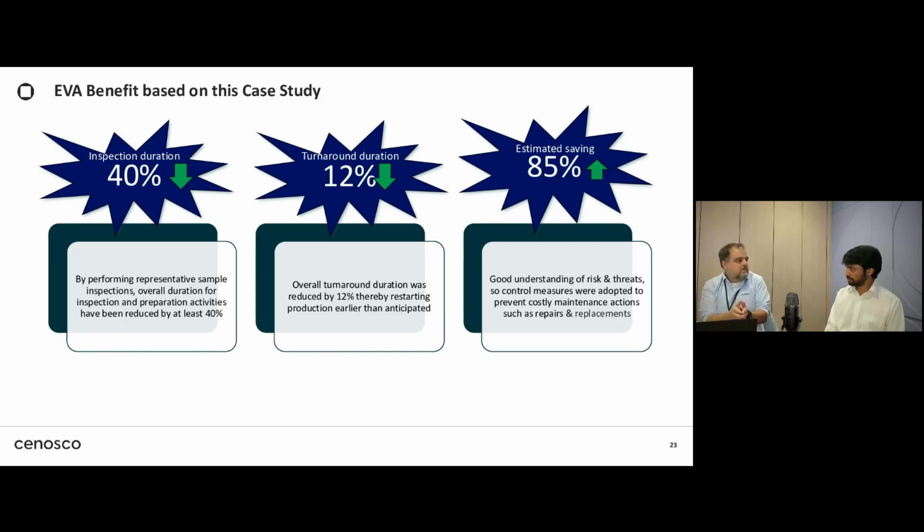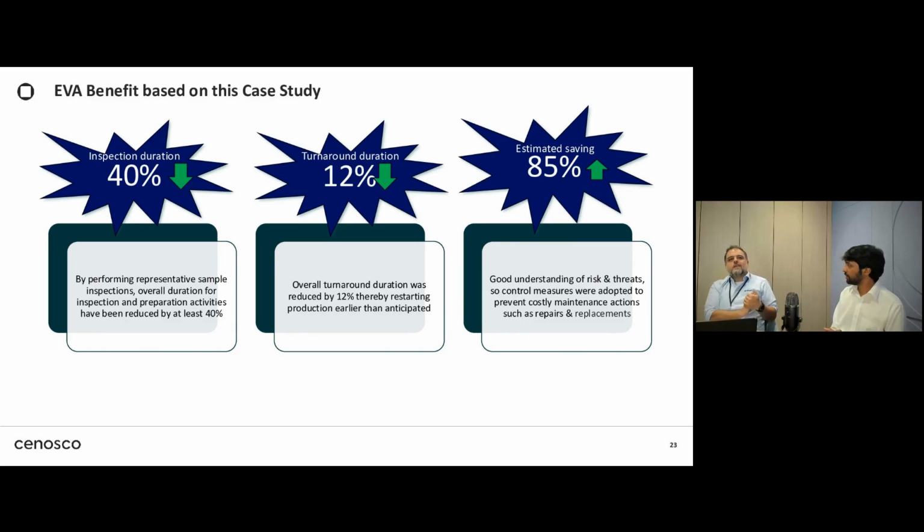And one thing to highlight is that these exchangers were part of the critical path of the project. So just like what Lewis highlighted, since it took less time for inspections, they were able to close out the channel head quite quickly, and they were able to restart production faster than expected.